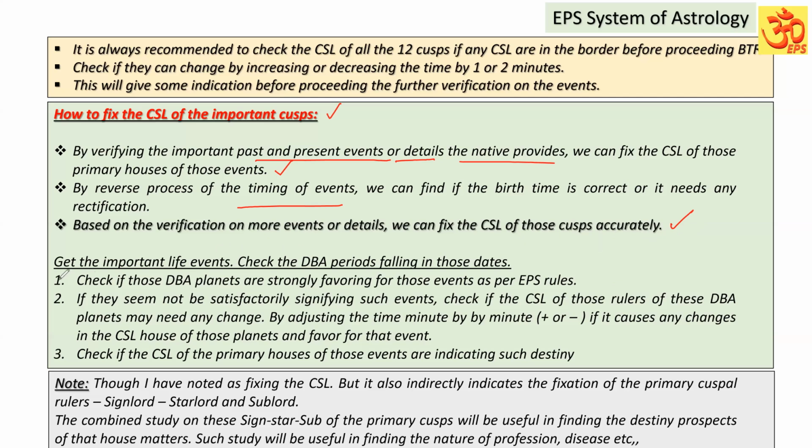How to do it? Get the important life events. Check the DBA periods falling on those dates, as I explained for the marriage. Check if those DBA planets strongly favor those events as per EPS rules. If they do not seem to signify such events satisfactorily, check if the cuspal sublot of the rulers of those DBA planets may need any change.